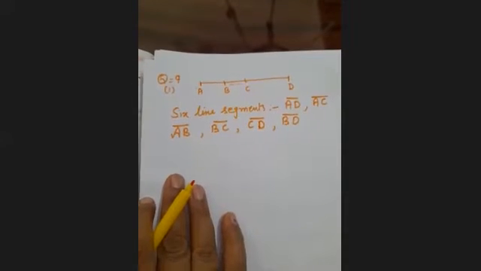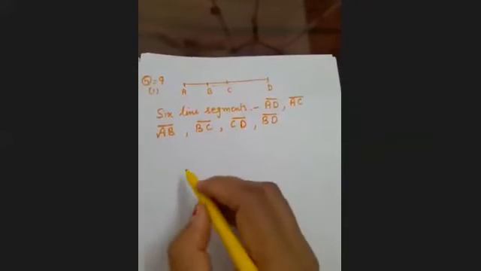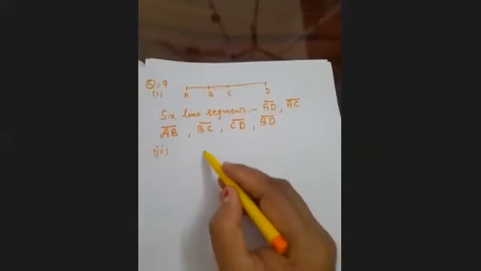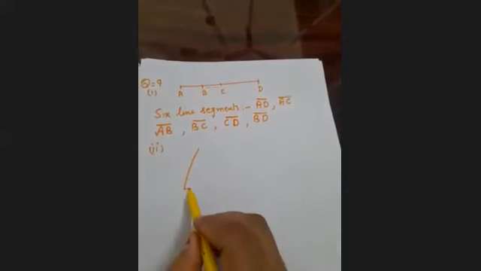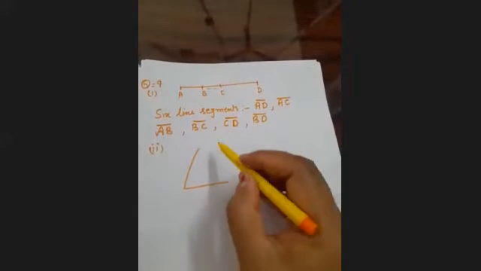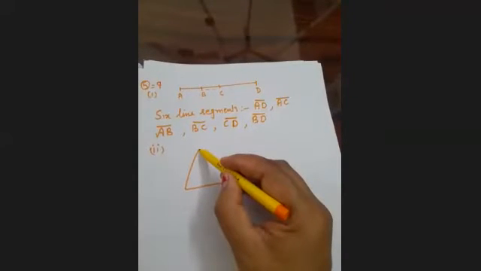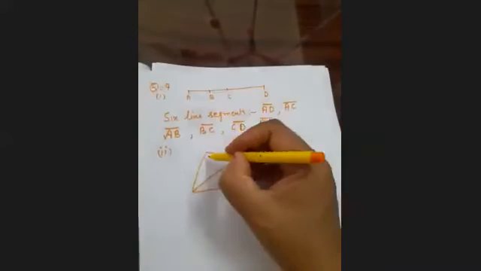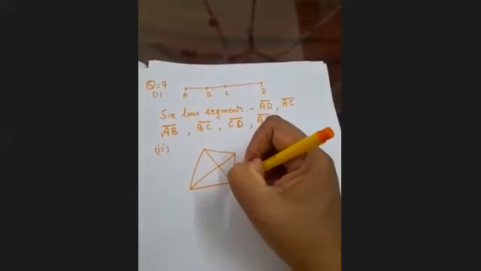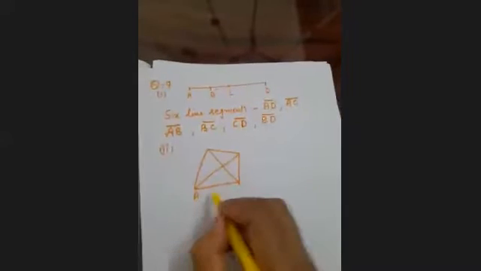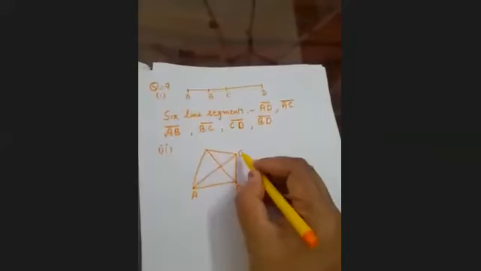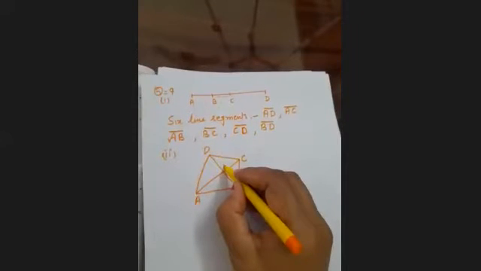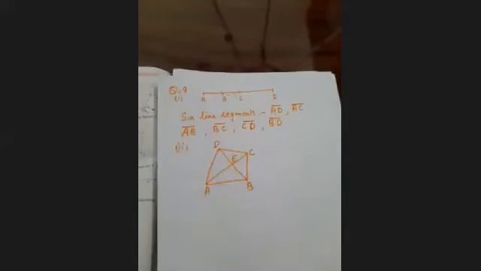Clear, students? Now next is the second figure. Now students, the points are A, B, C, D, and the intersecting point is E. Now count line segments in this figure.